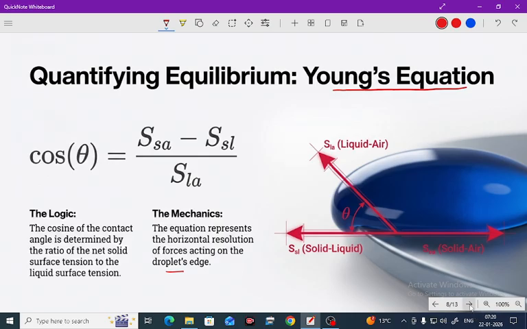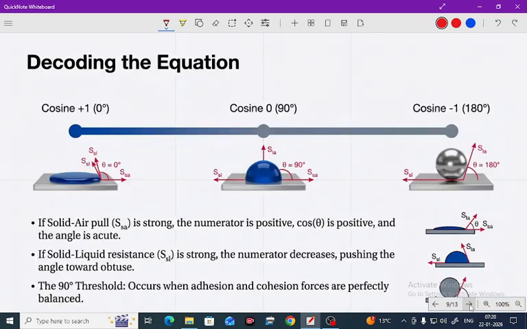The next one is decoding the equation. Here you see there are three cases: cosine is plus 1, cosine is minus 1, and cos theta is 90 degrees. If solid air pull is strong, the numerator is positive, cos theta is positive and the angle is acute.